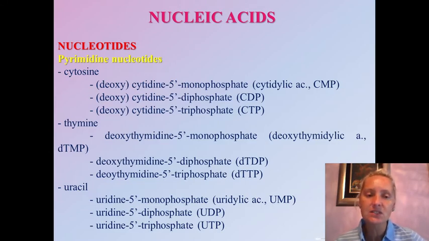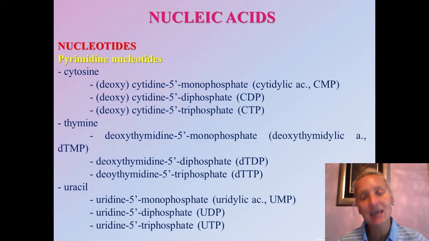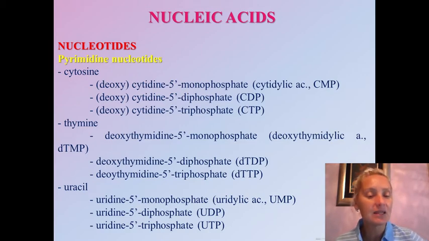So from cytosine we have cytidine 5' mono-, di-, triphosphate: CMP, CDP, CTP, or cytidylic acid instead of CMP. Then thymine is always deoxythymidine 5' mono-, di-, triphosphate, or dTMP, dTDP, dTTP, and dTMP is known as deoxythymidylic acid.